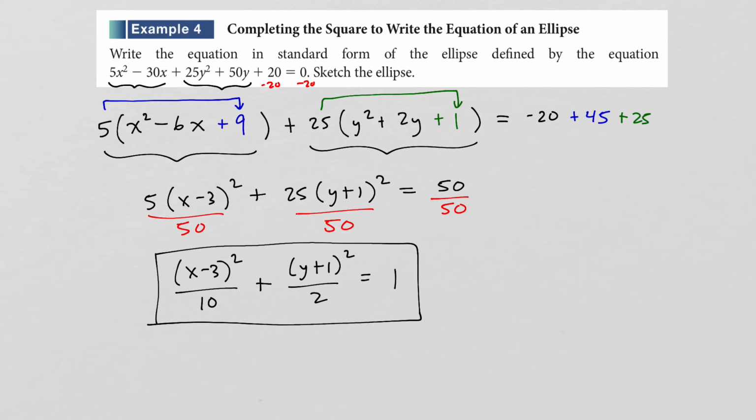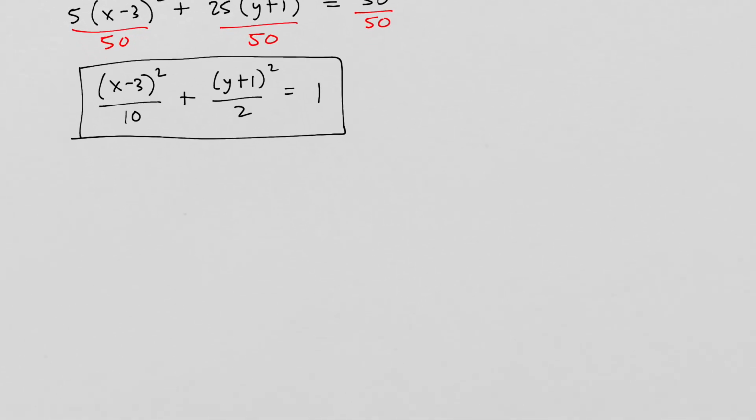Now to sketch the ellipse, we need to identify the center and the vertices and all that other good stuff. So the center of this ellipse is going to be at positive 3, negative 1. So notice that I'm just taking the opposite of each of these coordinates. We need the value of a. Well, 10 is a squared.